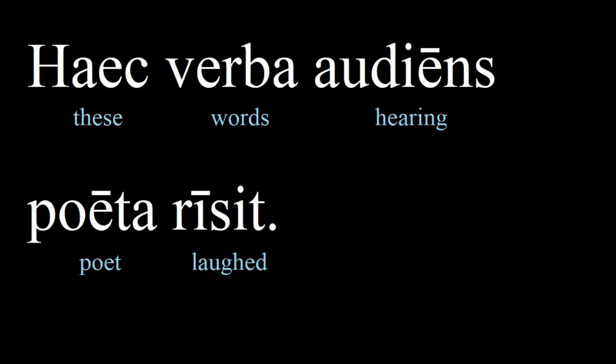Verba, word, and this is the plural accusative form. The word risit is the perfect past tense of rideo, and this word gave English the words derision and ridicule, etc.